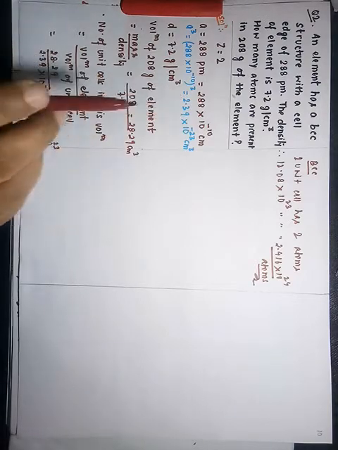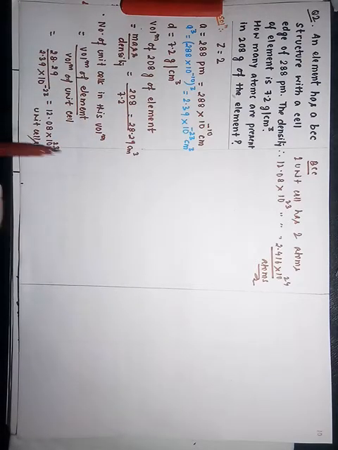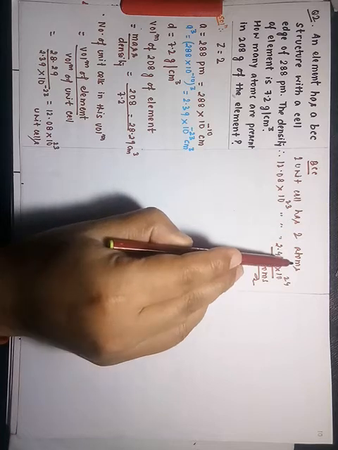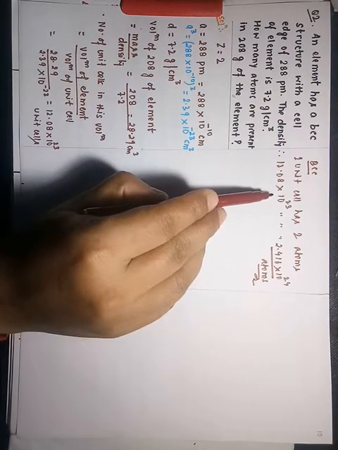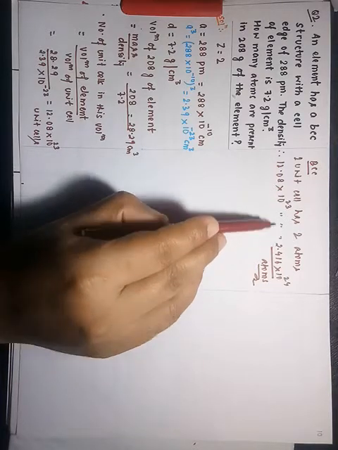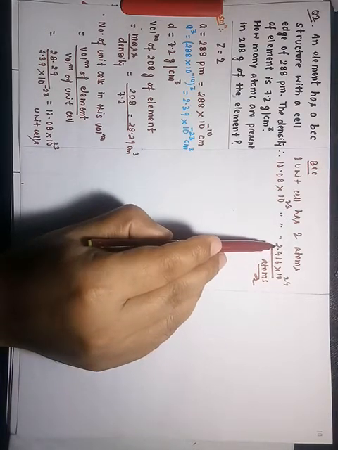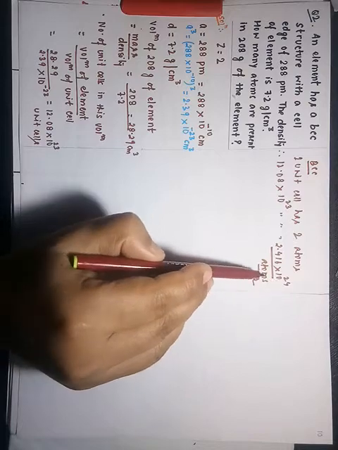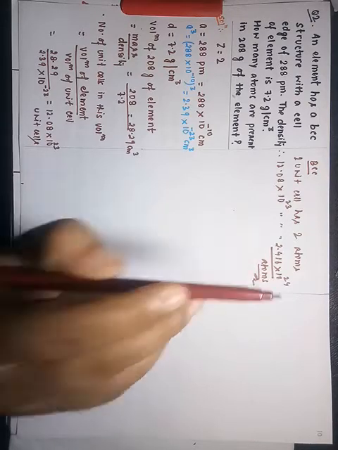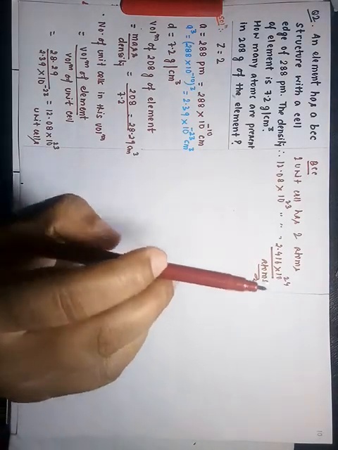Volume of unit cell is a cube. So we have calculated number of unit cells. One unit cell has got 2 atoms. So these many unit cells will have how many atoms, students? They will have 2.416 into 10 to the power 24 atoms. Okay, I hope it is clear to you.